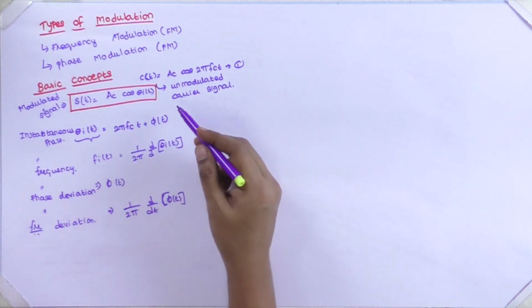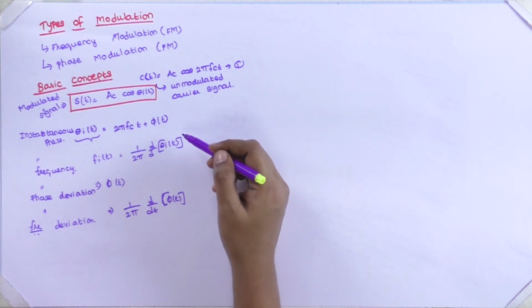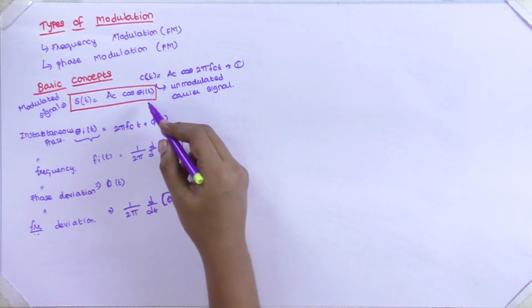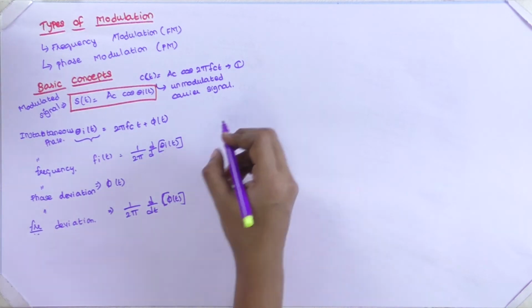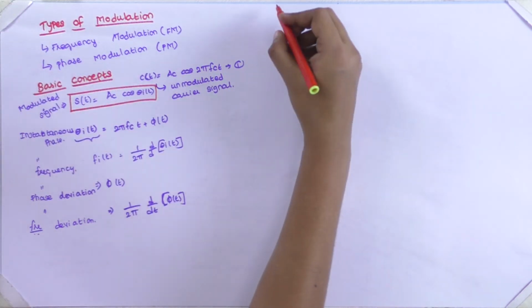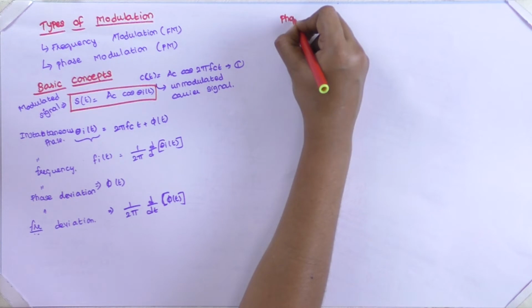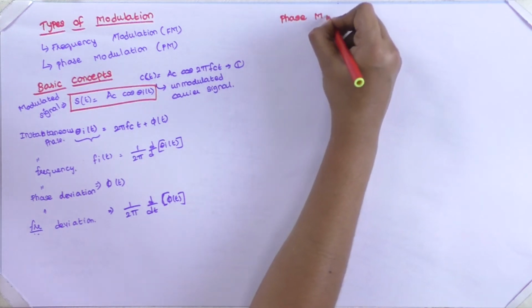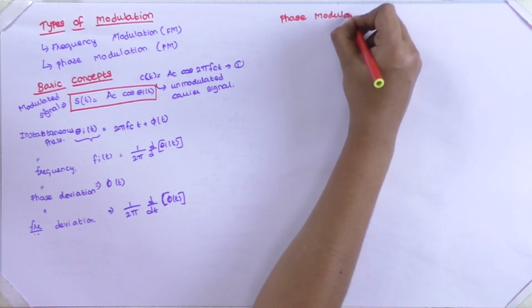The carrier signal is a rotating phasor of length Ac and angle theta i of t. Now we will see what is phase modulation, then we will move on to frequency modulation. Phase modulation. We have seen the definition.